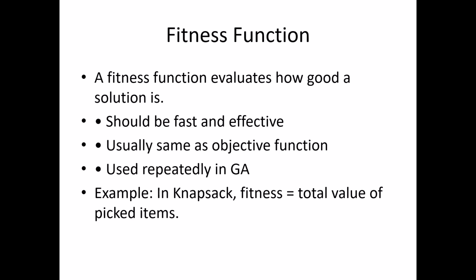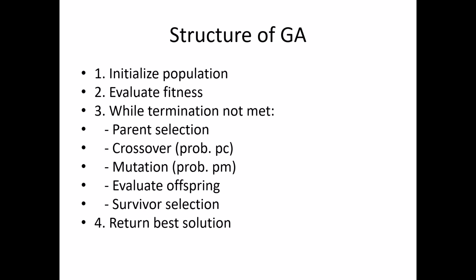Next is the fitness function. The fitness function evaluates how good a solution is. It should be fast and effective. It is usually the same as the objective function and is used repeatedly in genetic algorithms. So what is the fitness function in the knapsack problem? The total value of picked items.